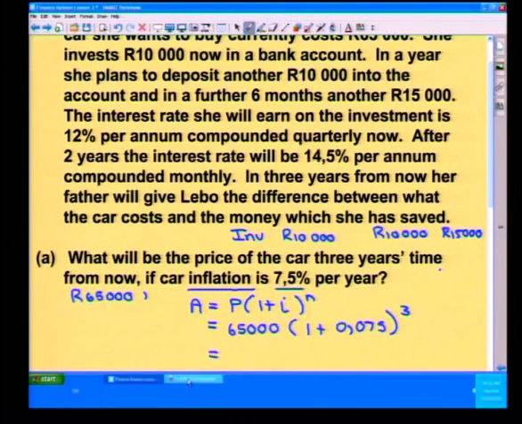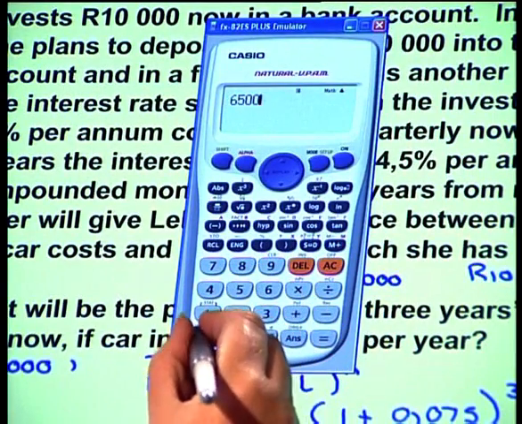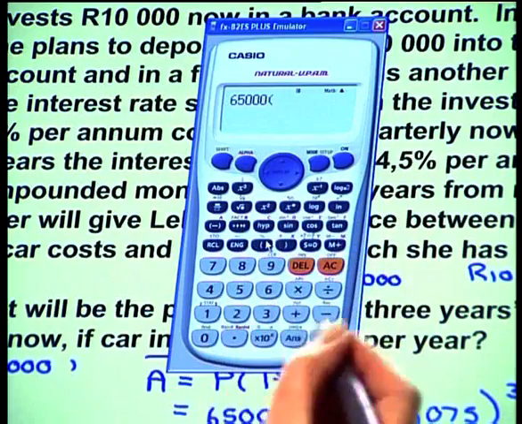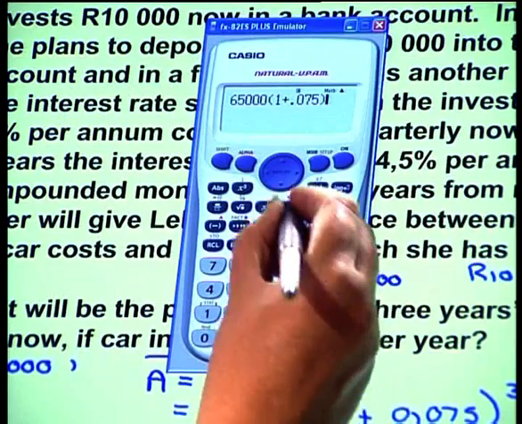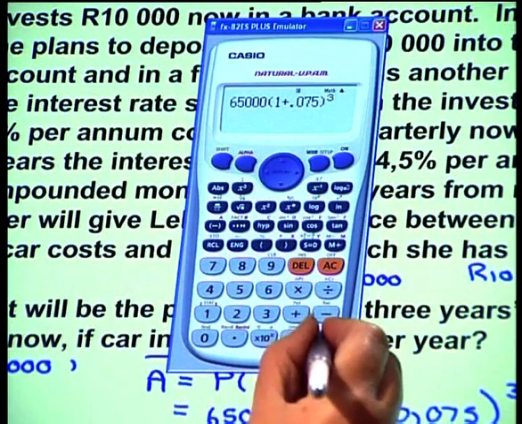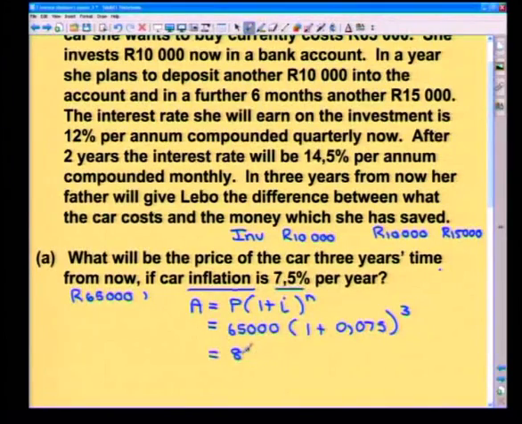So right, let's pull up the calculator. 65,000, open the brackets, 1 plus 0.075, close the brackets, raised to the power 3. And we find her car is now costing 80,749 Rand 30 cents.